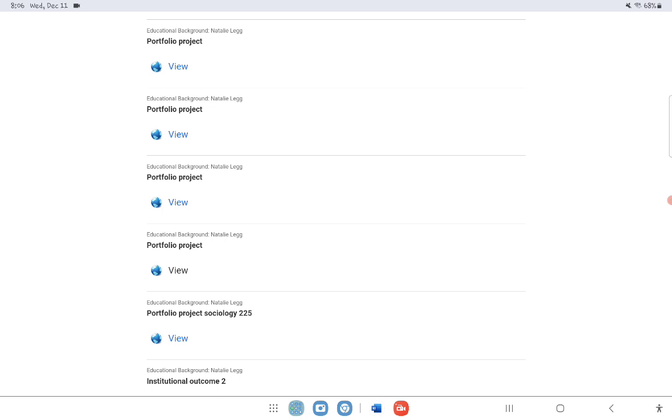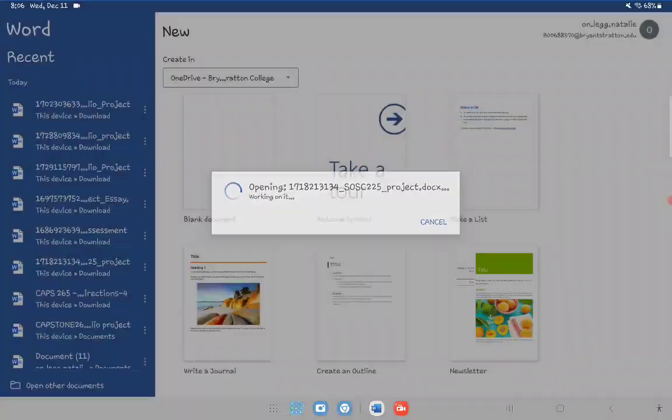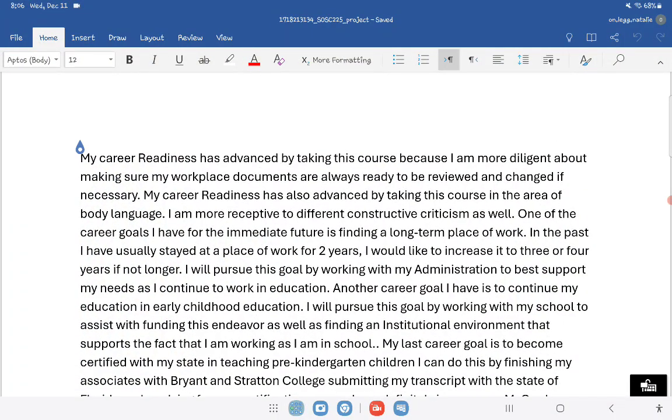Our next portfolio project is from Sociology 225. What this portfolio project meets is the institutional outcome of employing strategies for reflection and practice in order to adjust learning processes for continual improvement. So we talked about career readiness and ways that we could make ourselves more career ready and improve certain aspects.